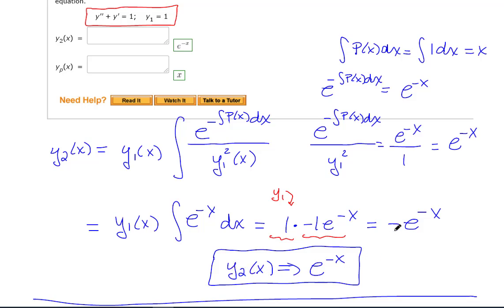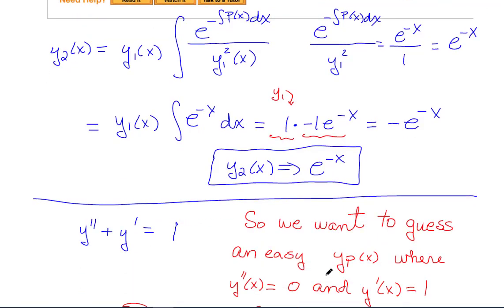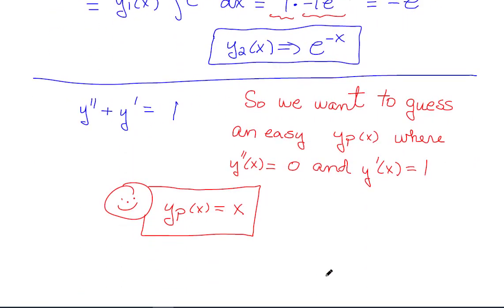And again, I don't have to worry about the constant in the front because that would be taken care of later. And so the only thing left is I want to guess a particular solution to the non-homogeneous problem. Well, if you look at it for a little bit, what do we need?